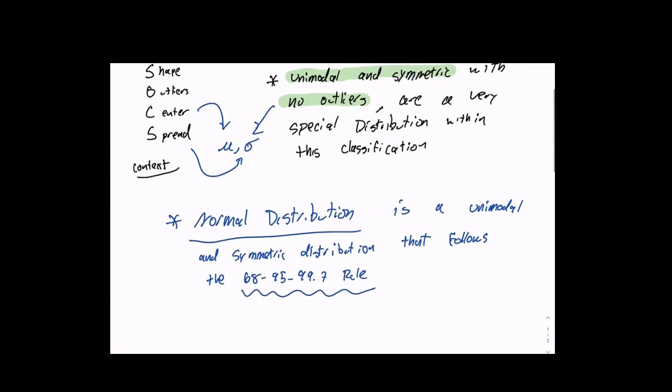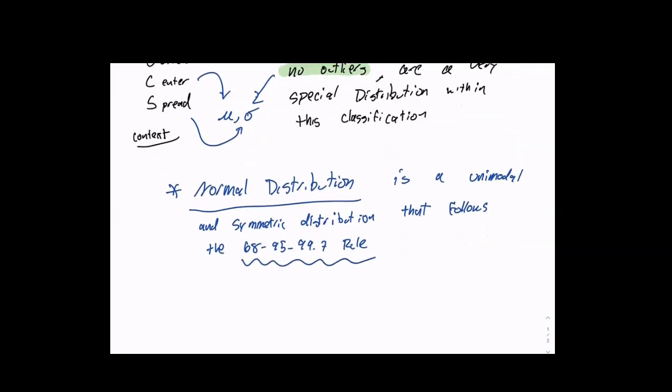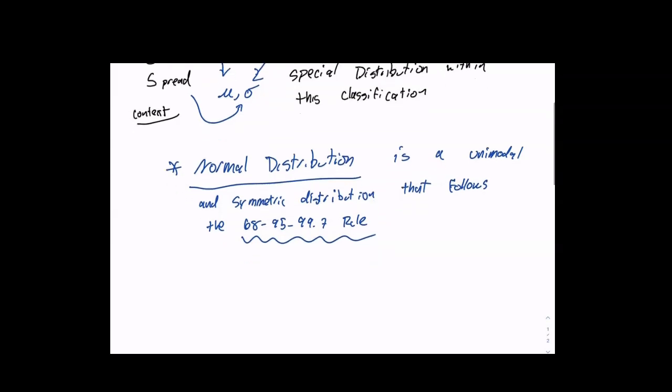The empirical rule. Now, this is something I get a lot of students confused about. A lot of students think that all distributions that are unimodal and symmetric are normal. False. Others think that all distributions that are unimodal and symmetric are therefore approximately normal. False.